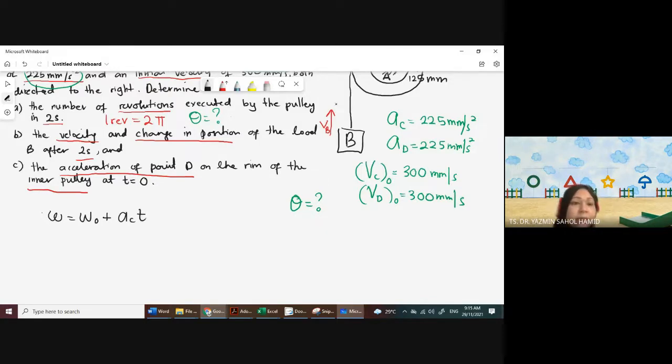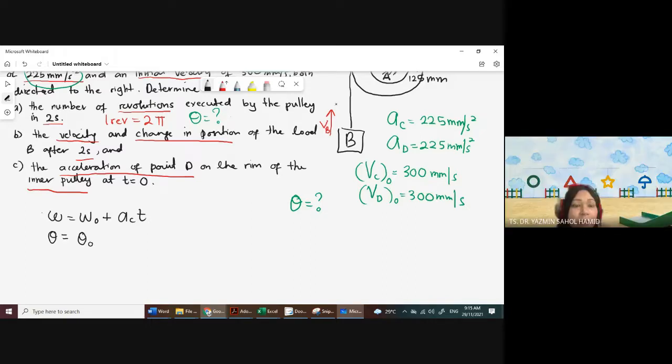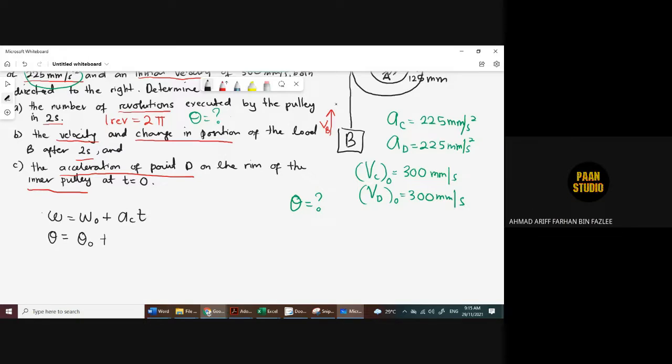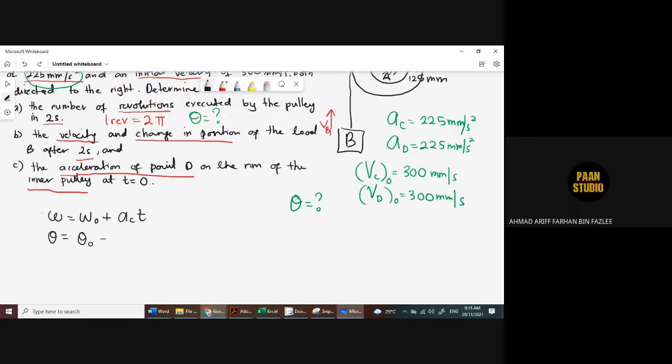Apa lagi formula yang ada? Ada 3 kan? Theta equal to theta naught plus omega naught t, plus 1/2 alpha t squared.